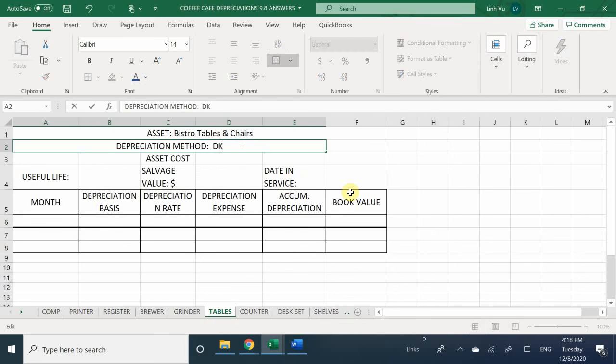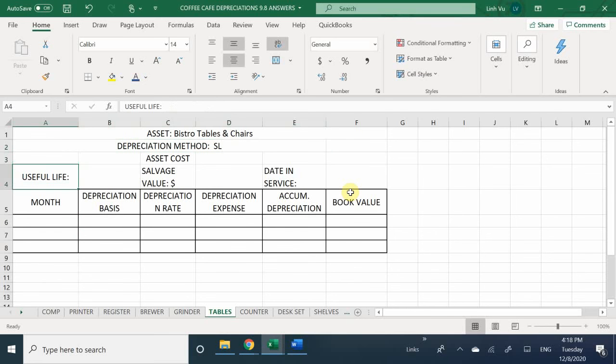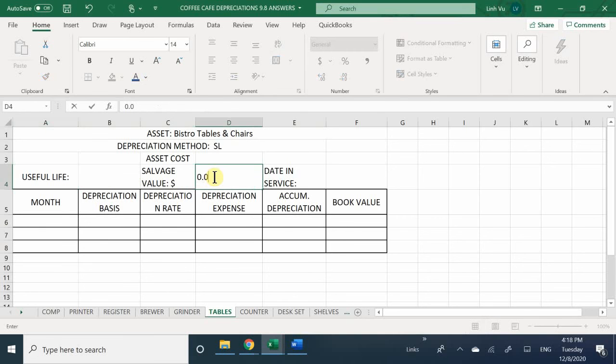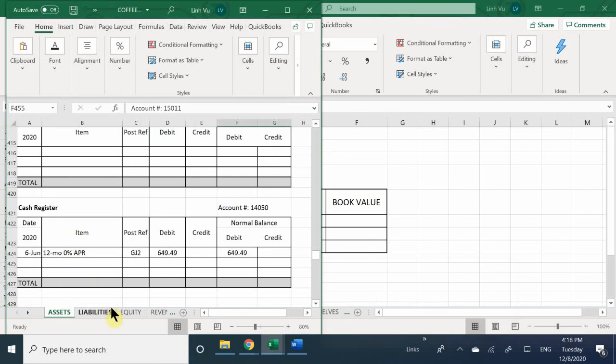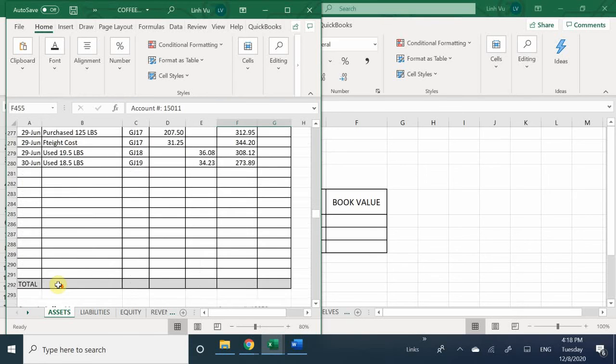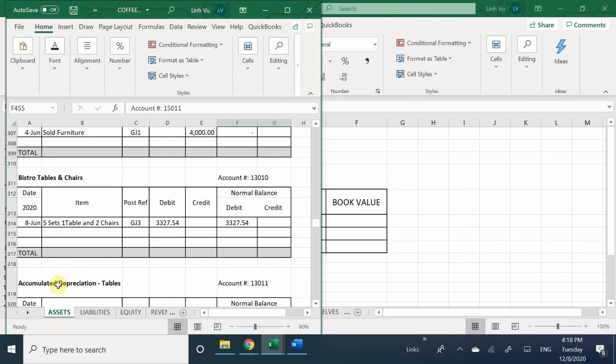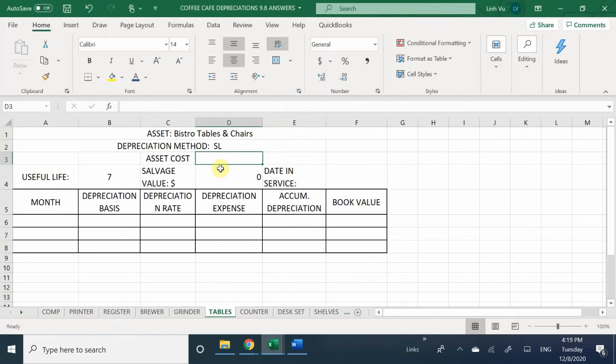Straight line, SL, no residual value, and it's 7 years this time. So how much are my tables? Let's find the tables. Bistro, tables, and chairs. The amount is $3,327.54, so that is the asset cost.